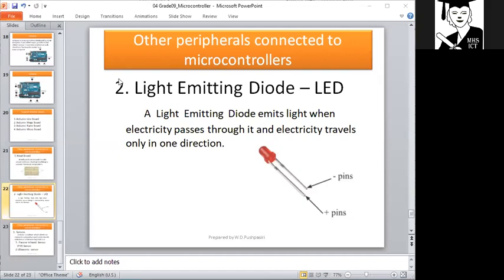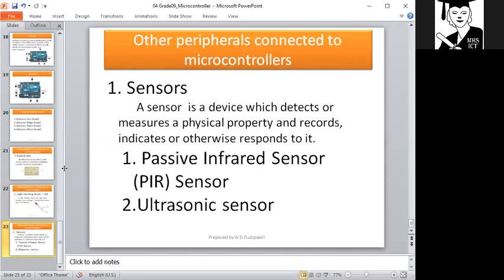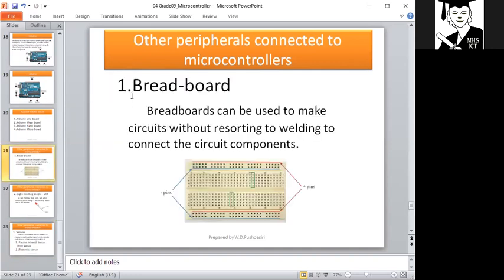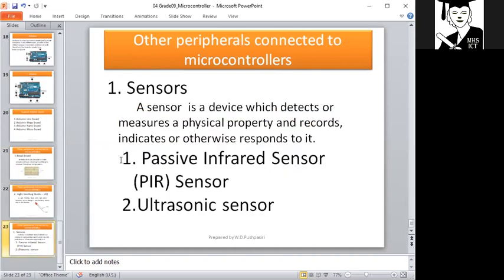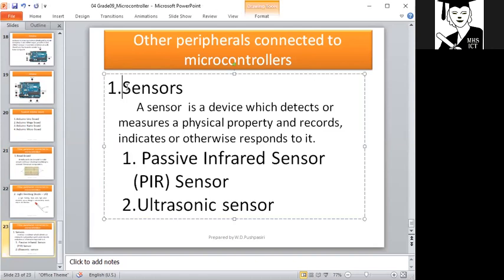Then finally we will discuss sensors, right? The first one we call the breadboard as devices, and the second one is light emitting diode, LED. The third one is sensors, right? This is not number 1, number 3.